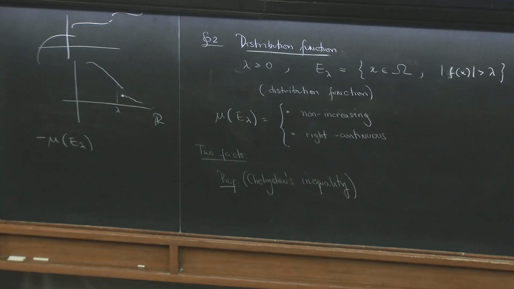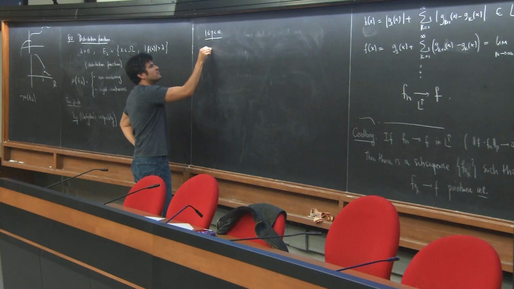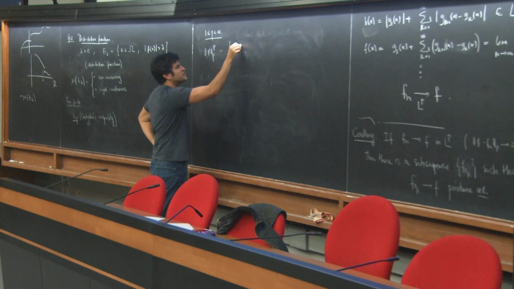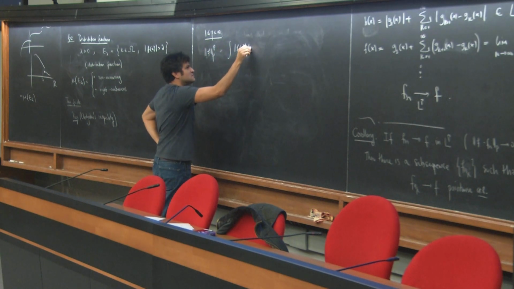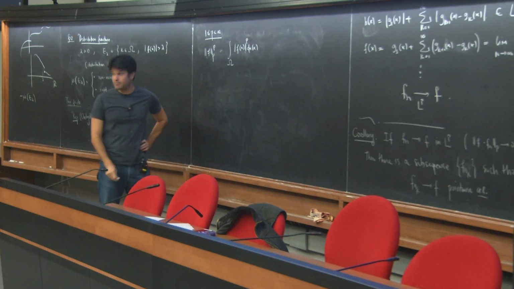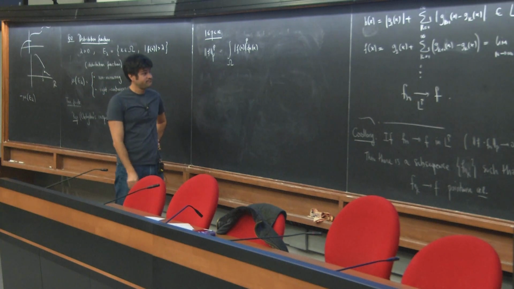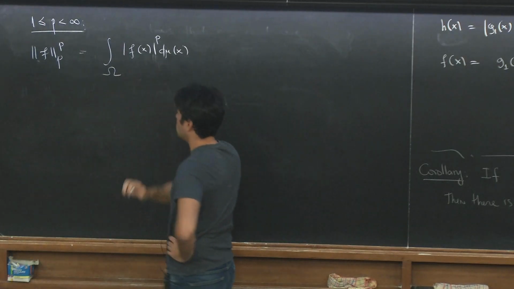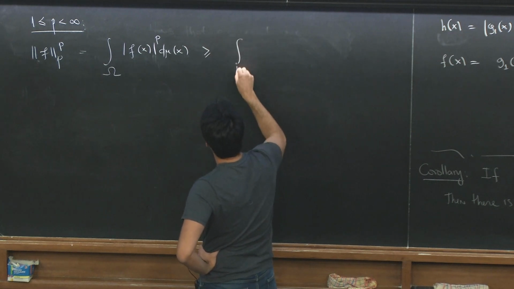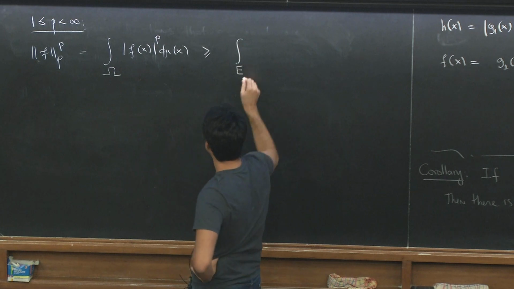Let's assume for simplicity that we are in the case p less than infinity. So your LP norm of f to the p power will be the integral of |f(x)|^p d mu. Now, if I integrate over the whole domain, this is definitely bigger or equal than the integral over this set, which I call E lambda.